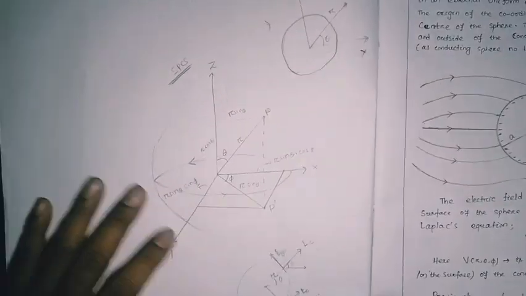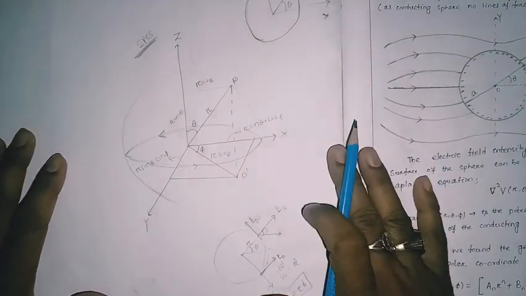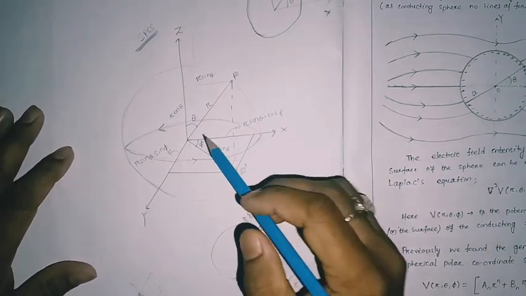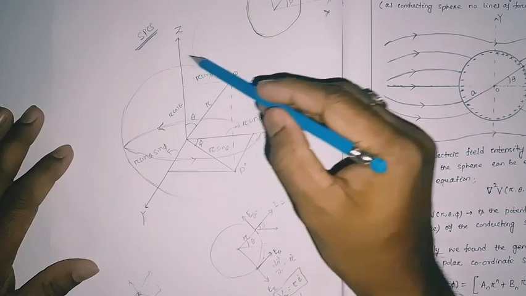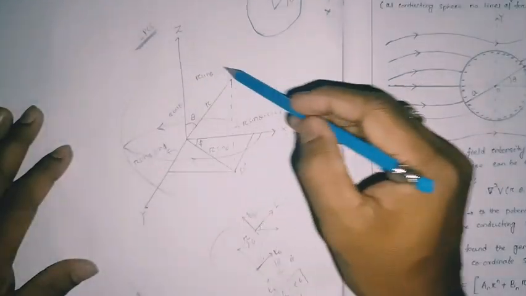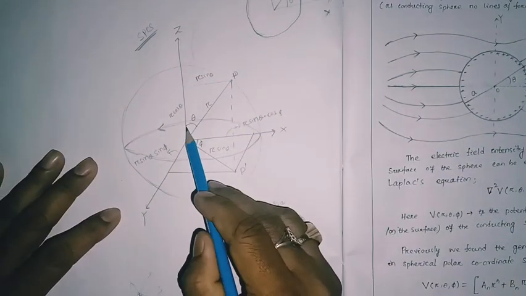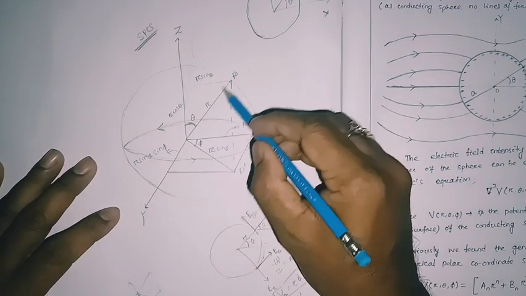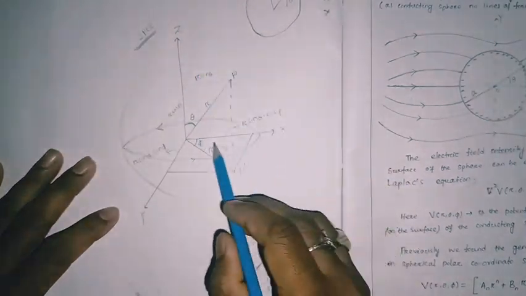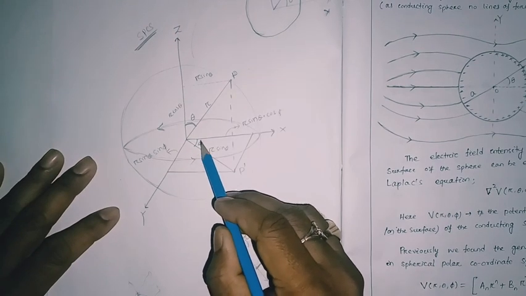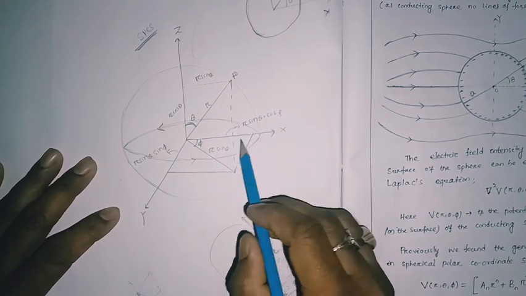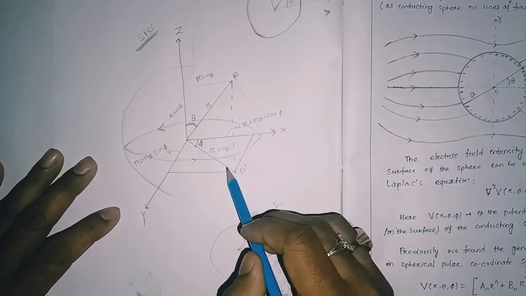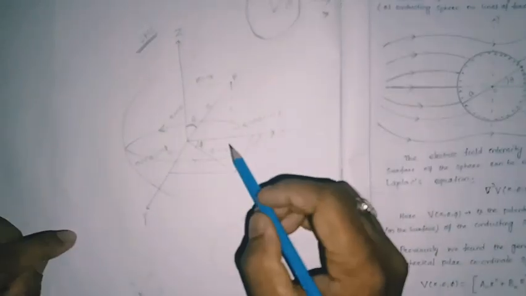We know well about the spherical polar coordinate system. Here you can see this is the sphere, and this angle theta is the angle between this line and the z axis, and phi is the so-called azimuthal angle, between this line and the x axis.